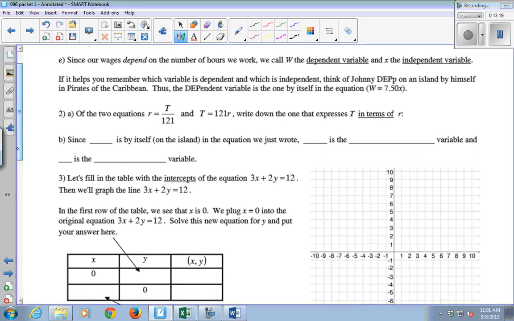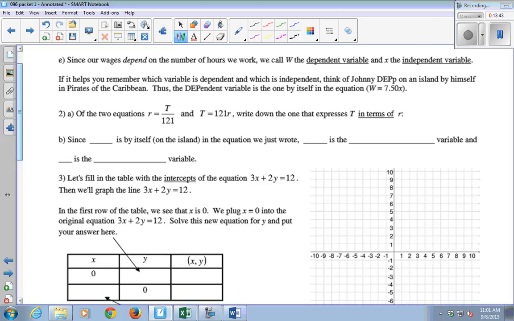All right, since our wages depend on the number of hours we work, we call W the dependent variable. It depends on some other number, right? And x, the number of hours you work, we call the independent variable. If it helps you remember which variable is dependent and which is independent, think of Johnny Depp on an island by himself in Pirates of the Caribbean.